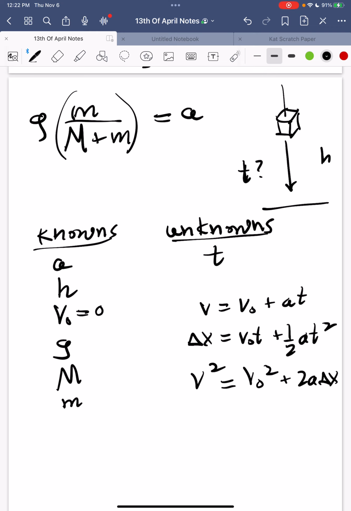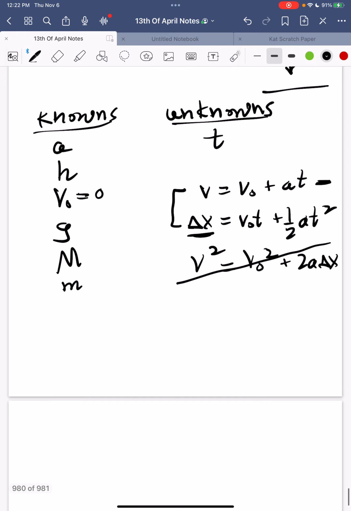What we're looking for is time, okay? So that tells us this equation doesn't seem like it's going to work because it doesn't have time in it. So it could be one of these two equations here. And let's see, do we have enough? We have some sort of distance value. Distance doesn't figure in this equation here, but distance does figure in this equation.